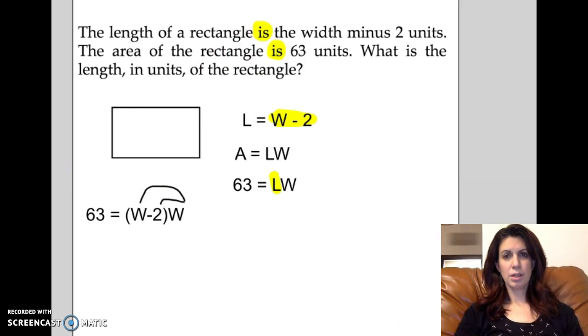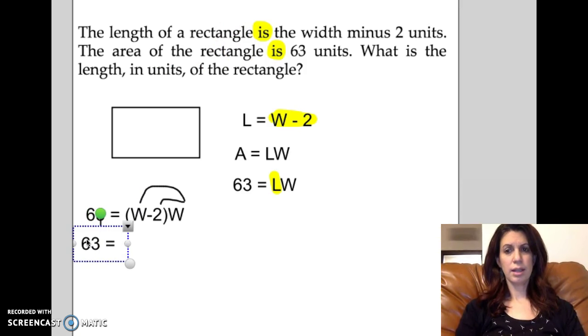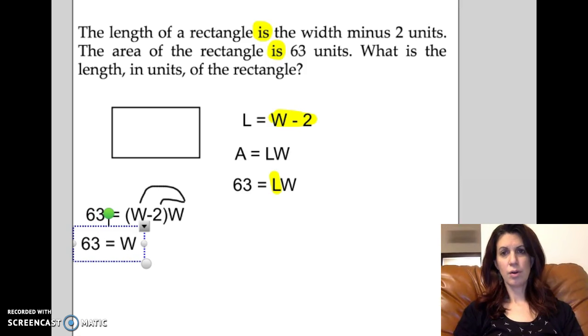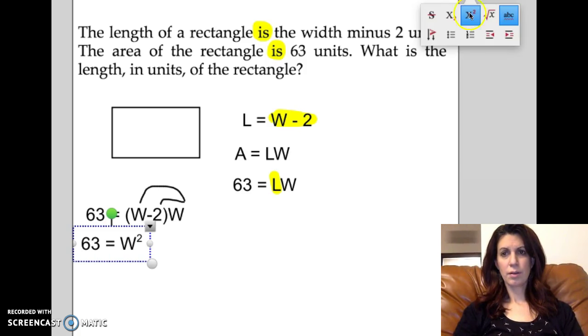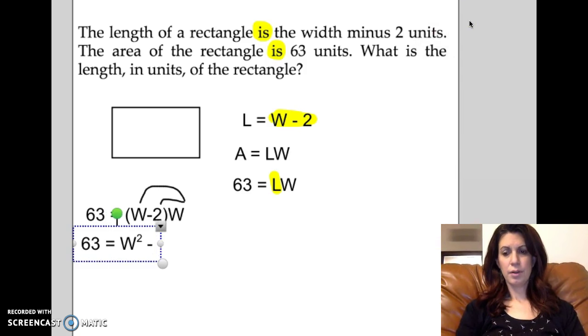Okay, so we will have 63 equals W squared minus 2W.